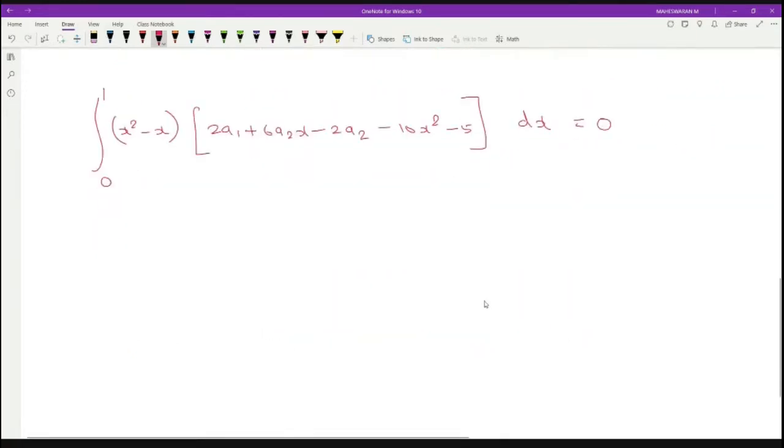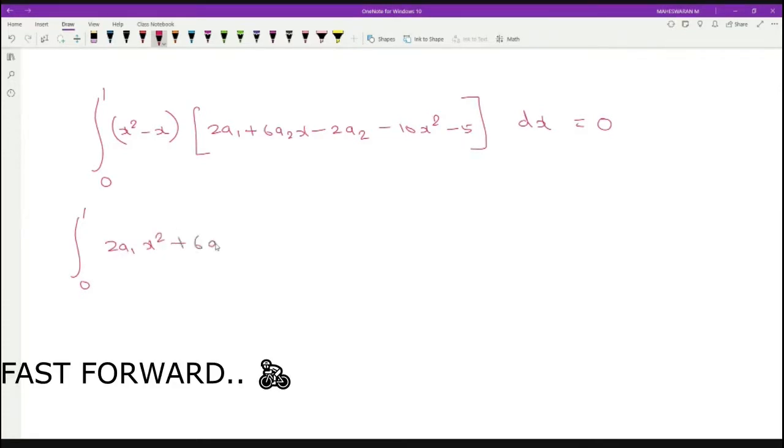Again I have to multiply this inside and then integrate it. Multiplying this, we get 2a1 x square plus 6a2 x cube minus 2a2 x square, minus 10 x power 4 minus 5x square.